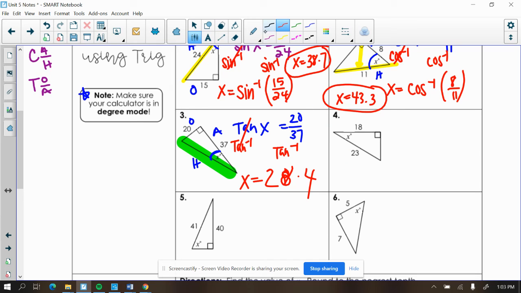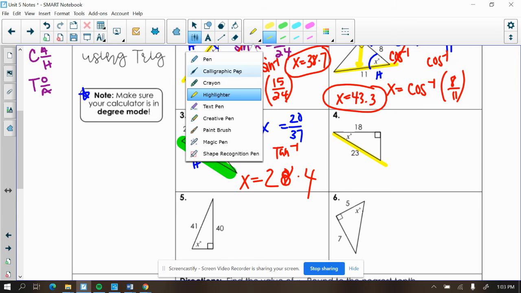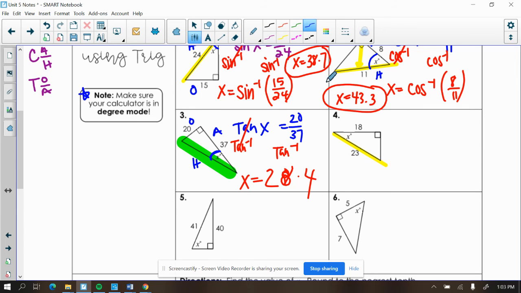Okay, let's do one more and then we will go on to our practice, so you guys can get some practice of both solving for the missing side and angle. So my hypotenuse, we actually have a hypotenuse this time, 23. Here's my angle. I don't have opposite, so I have adjacent. So I know it's cosine.